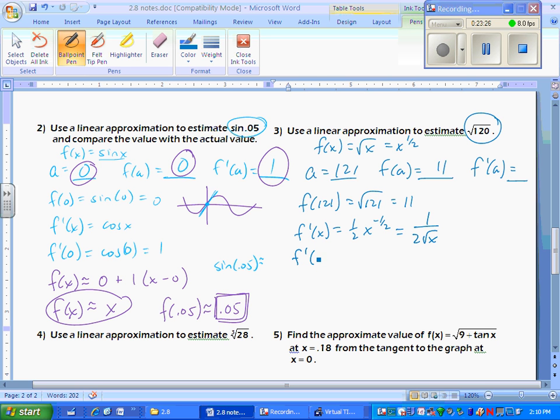We want to figure out what this is when x is 121. So 1 over 2 times the square root of 121, 2 times 11, so 1/22.